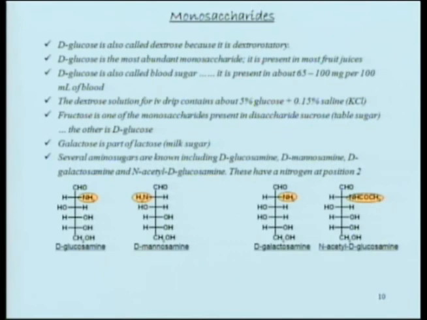So back in the olden days, people said, well, why don't we use L-glucose as a sweetener? Because it would not be metabolized. You would gain no calories. You could put as much sugar as you want and not become fat. Well, it didn't turn out that you couldn't really use it. L-glucose is made synthetically.